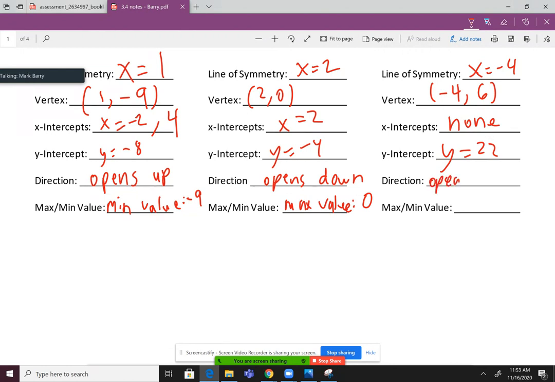This one opens up, which means the vertex is the minimum value. So the smallest y value on this graph is 6. Every other y value on the graph is higher than 6, so 6 is the minimum value, okay?